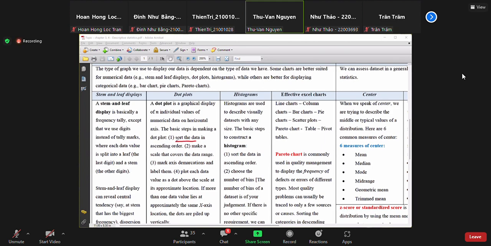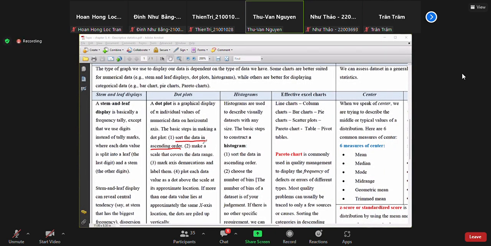First, you need to sort the data in ascending order. For the stem and leaf display, you do not need to sort the data, but for the dot plot, the first step is to sort the data in ascending order.